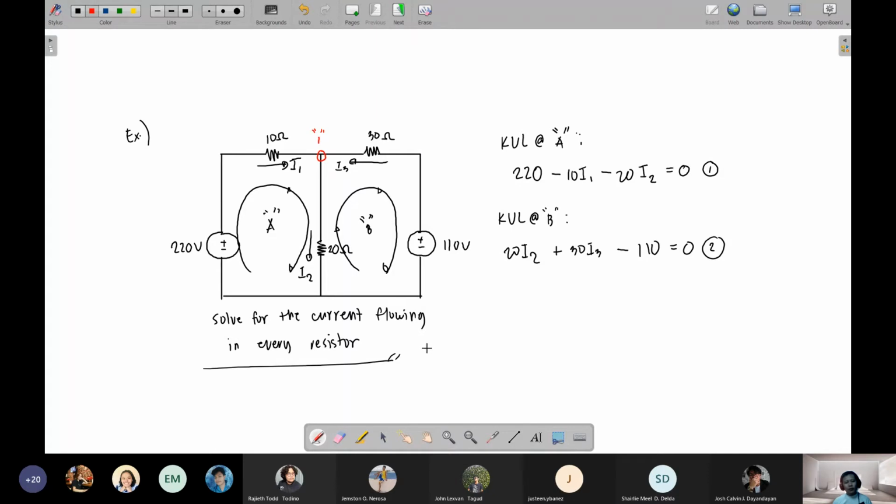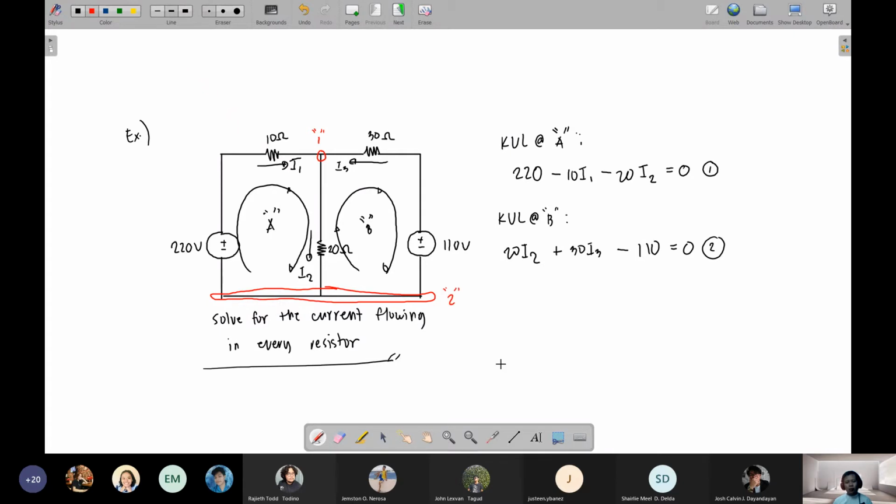The other obvious node is at the bottom. This node is a connection of the 20 ohm, the 110 volts, and the 220 volts. So this is another node. Let's say node 2.